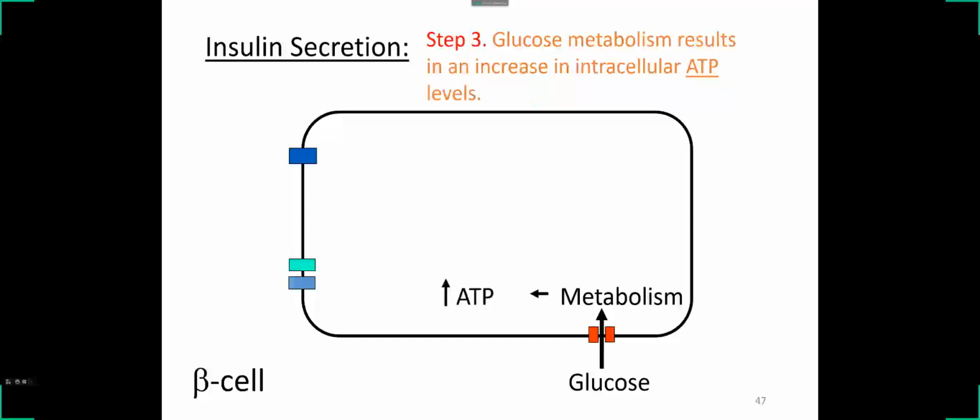Then the metabolism of glucose results in an increase in intracellular ATP. This is a reminder from all your biochemistry pathways that you learned about glucose, what happens when glucose is taken up. And obviously, thus the importance of all the mitochondria located within the cell, because a lot of this biochemistry occurs within those mitochondria.